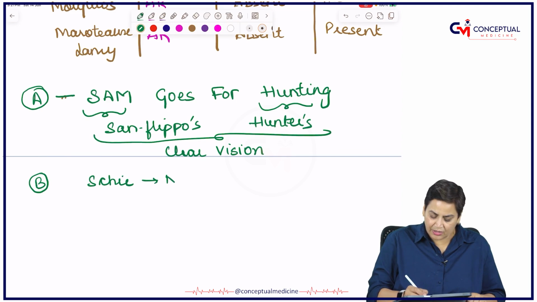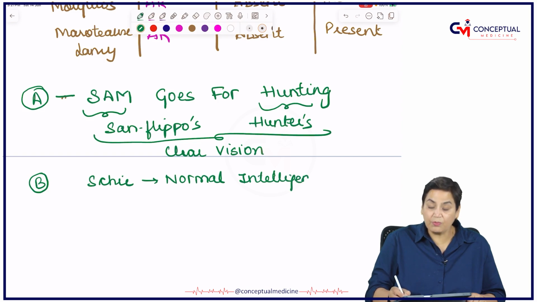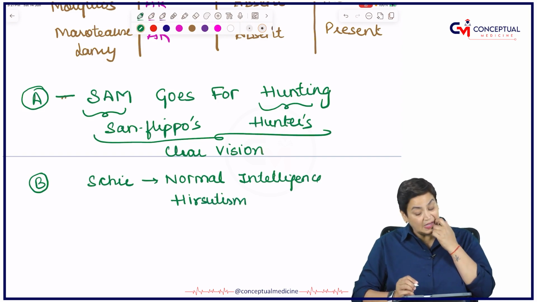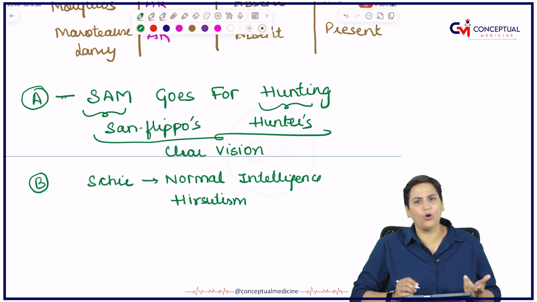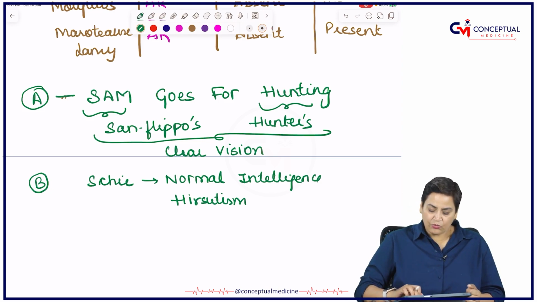The child will be born with normal intelligence. But the most important feature here will be hirsutism. The female who is born with Scheie syndrome will have a hairy body, or hair all over the body. Okay, so these are the two very important points.